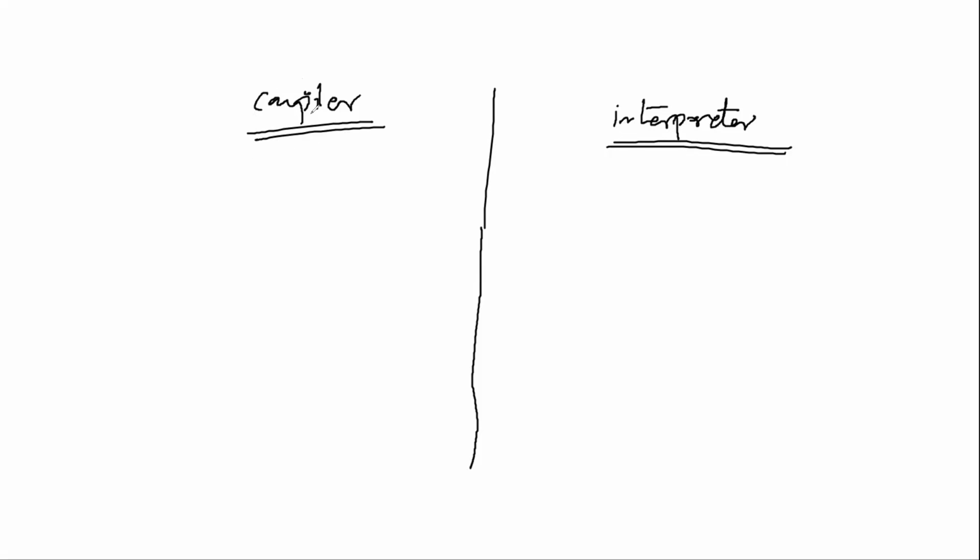Okay, so which language is faster? What happens in case of a compiler, if you have, for example, 1,000 lines of code, each and every line of code will be compiled, right? A compiled file will be created, in our case a .pyc file, and then that will be sent to the interpreter.